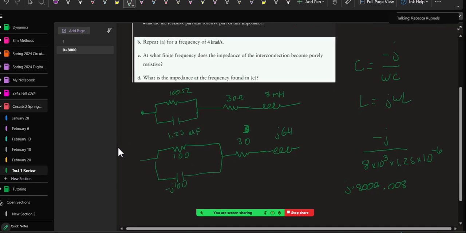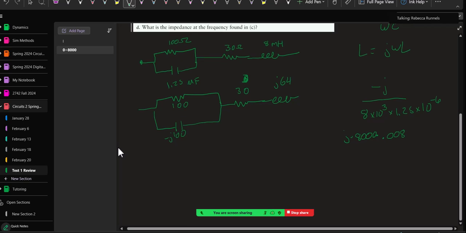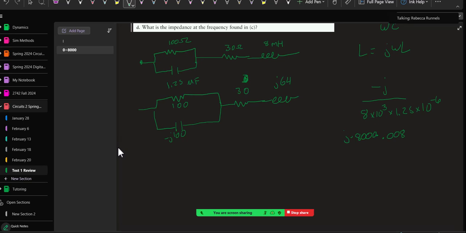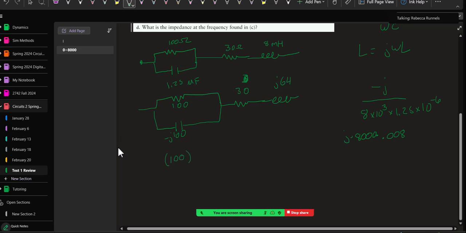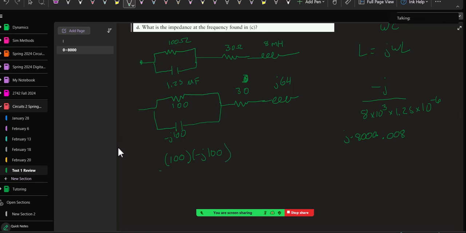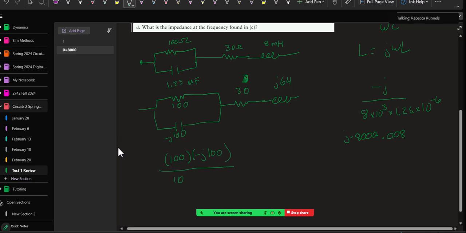Okay, so now that I have everything in phasors, I can just use the rules that we learned for resistors, because they all act like resistors. In parallel, that's going to be product over sum. So that'll be 100 times minus J100 over 100 minus J100.